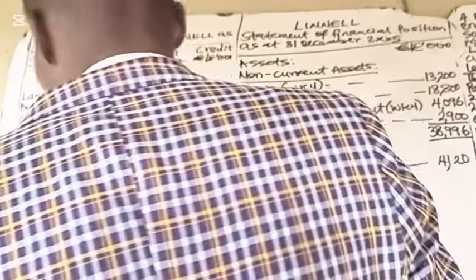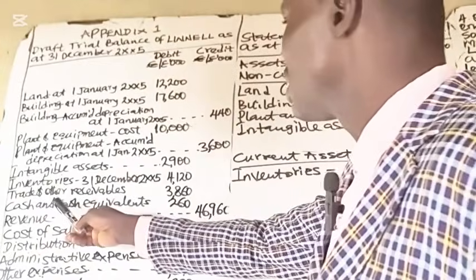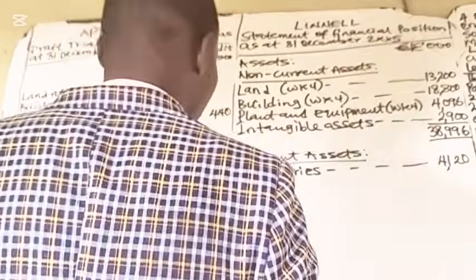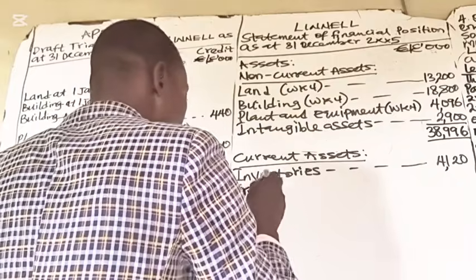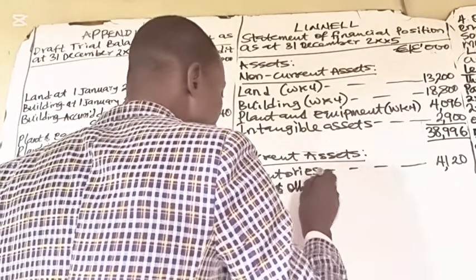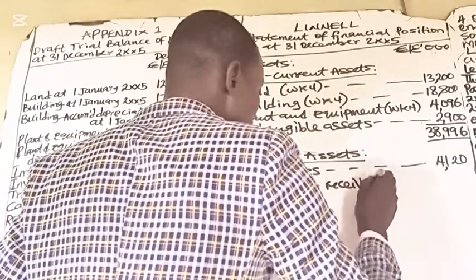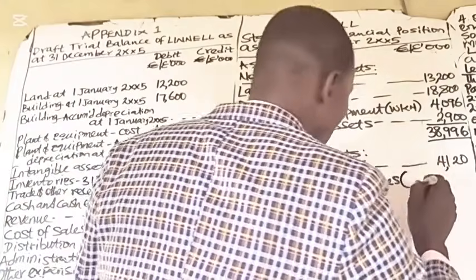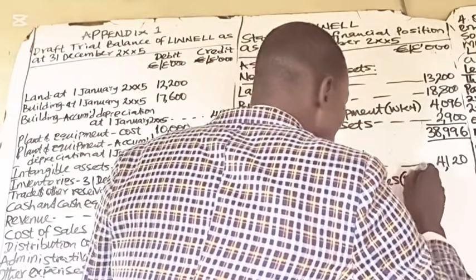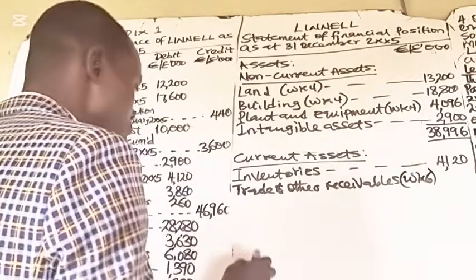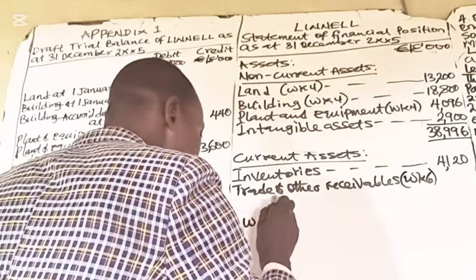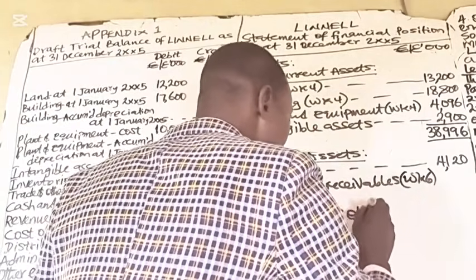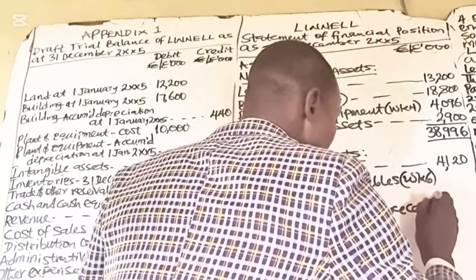Then aside from the inventories, we have trade and other receivables. I've rubbed out the earlier working. I can't remember the last working we had, but let me assume this is working 6, which is for trade and other receivables.